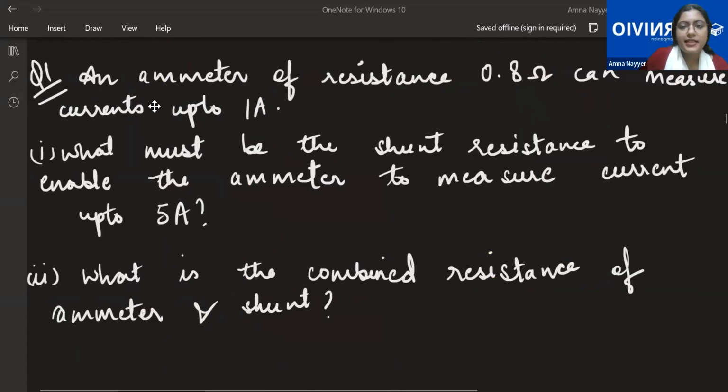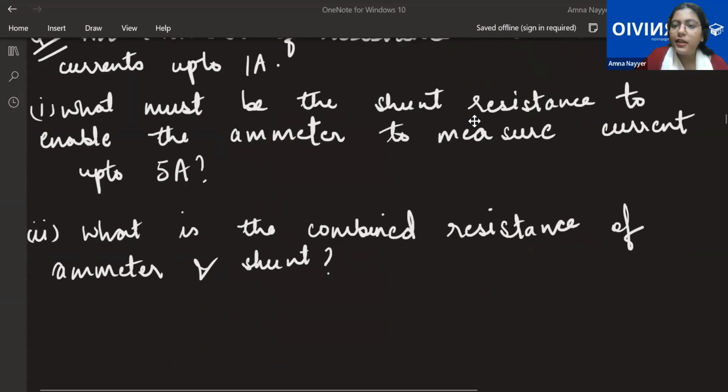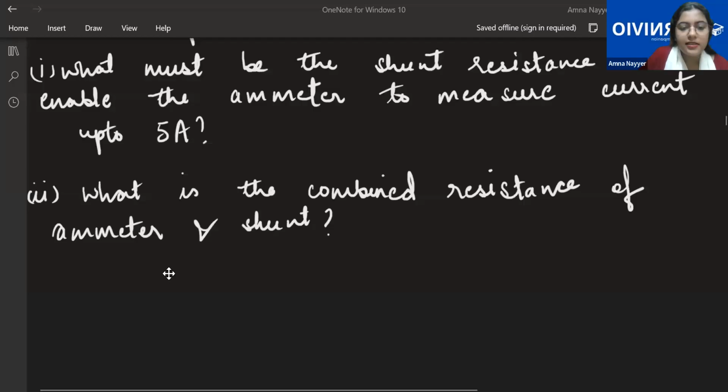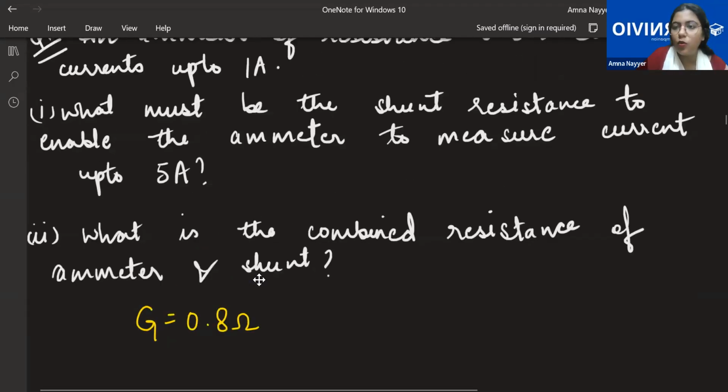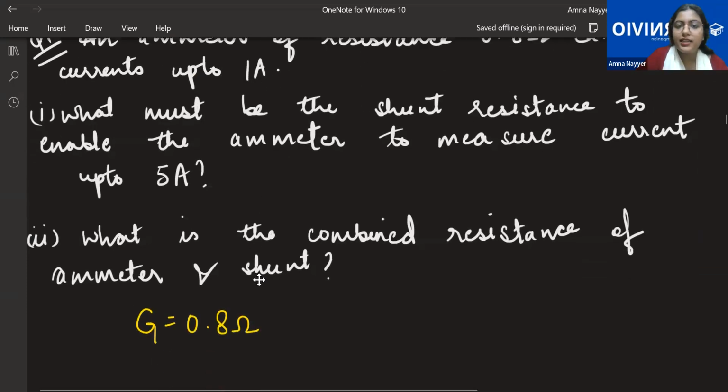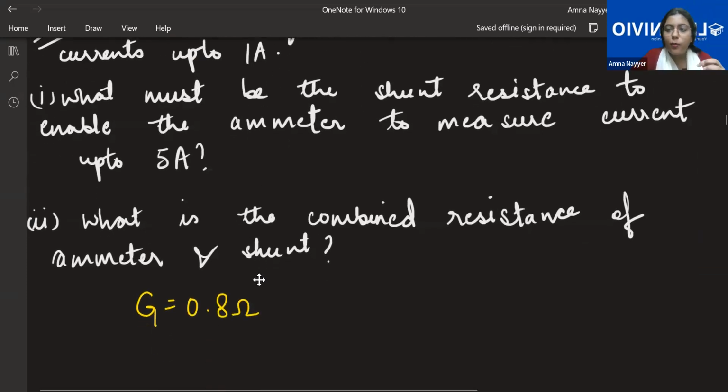See, this question says an ammeter of resistance. When it says ammeter, this is referring to the galvanometer that has been converted. So ammeter of resistance 0.8 means the resistance of the galvanometer is given to us as 0.8 ohm. This can measure currents up to 1 ampere. If the galvanometer is measuring a certain amount of current, we call that Ig.